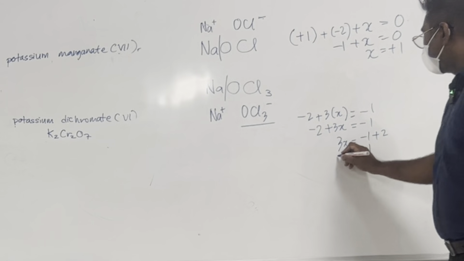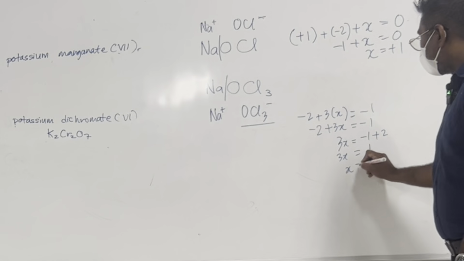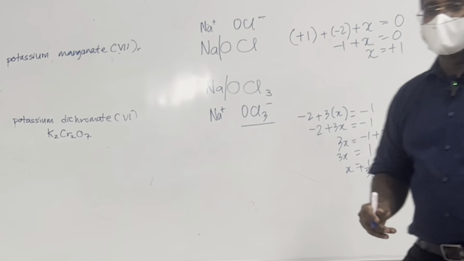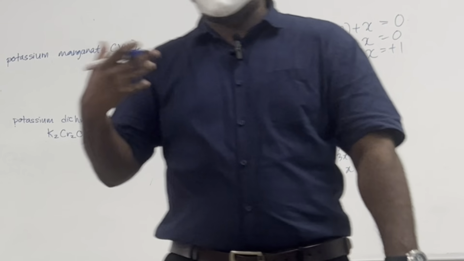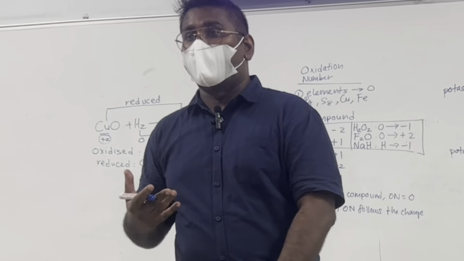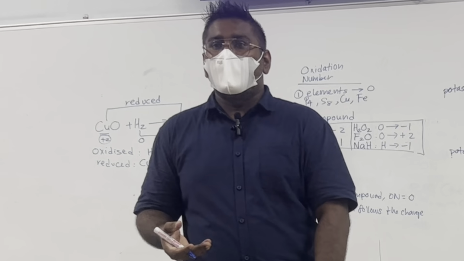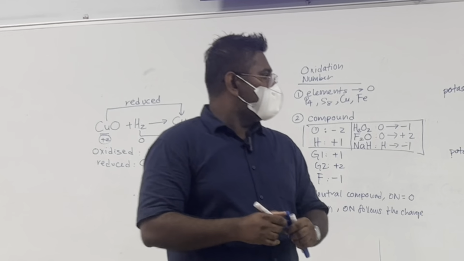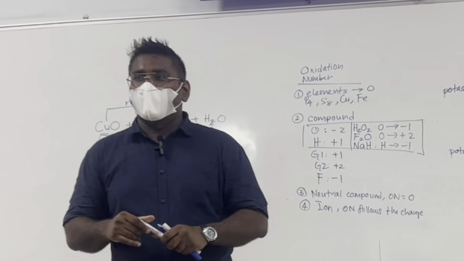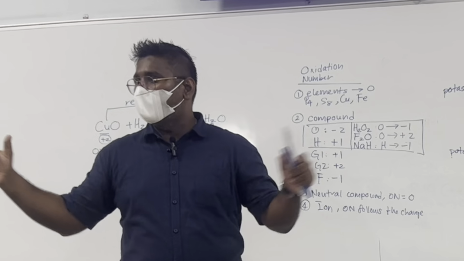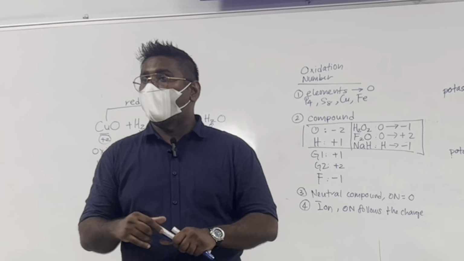So you get 1, 3X equals 1, X equals to 1 over 3. Do not be surprised if you see oxidation number in fractions. It is possible, but for your syllabus, no need to worry about the reason. It can be in fractions. So just to show you, you can either calculate them overall, or you can calculate them in the form of ion.